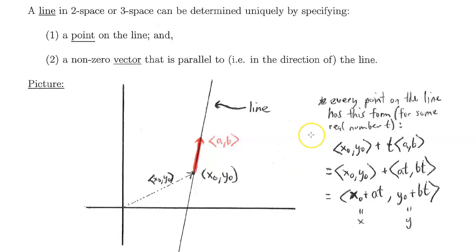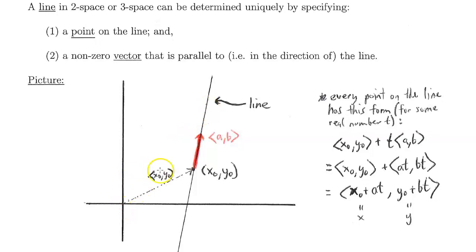Now it turns out that every point on this line could be thought of as a vector going from the origin to that point. And so every point can be thought of as this vector, x naught, y naught, plus some multiple of this vector. So for example, this point right here could be thought of as this vector x naught, y naught, plus about 2 of these AB vectors.